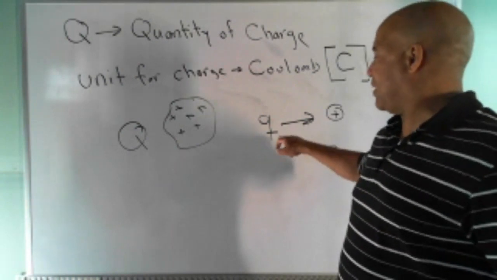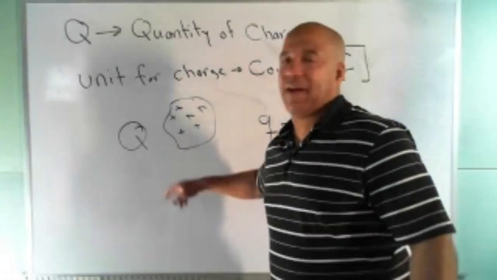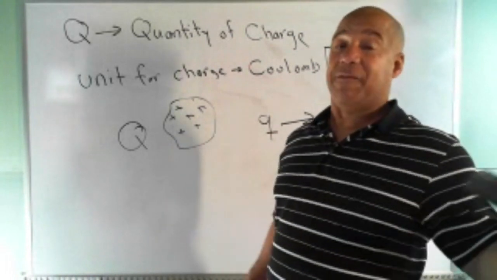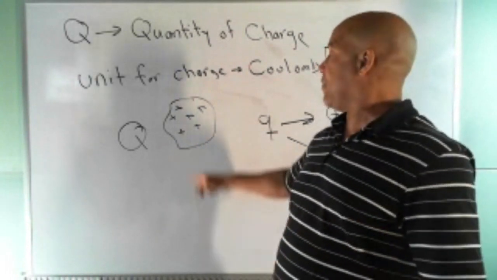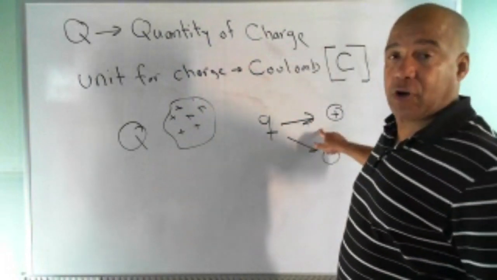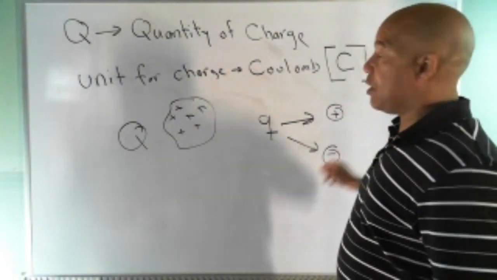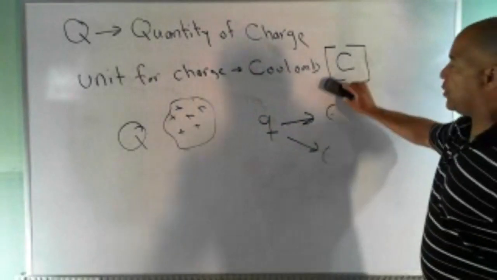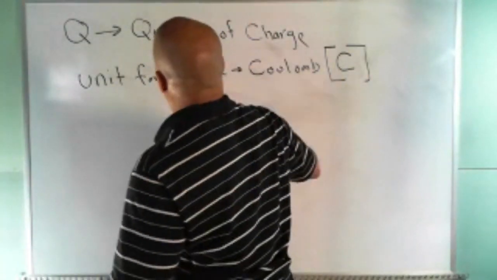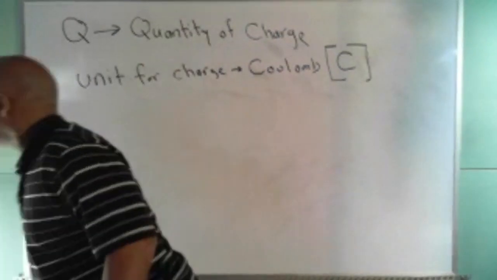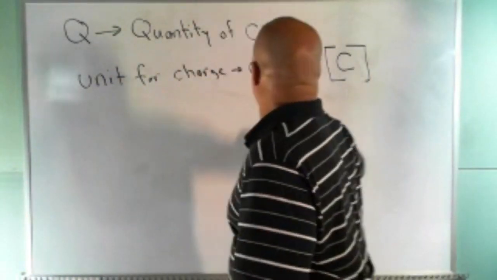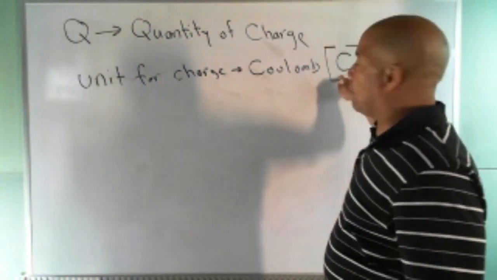For all practical purposes, for what we're doing, they're the same. But in physics, strictly speaking, the capital means a group of charge, and the lowercase means what we call a point charge, or a single charge. But in my class, you can use either one. So we use Q to represent the quantity of charge, and the coulomb is the unit for charge.